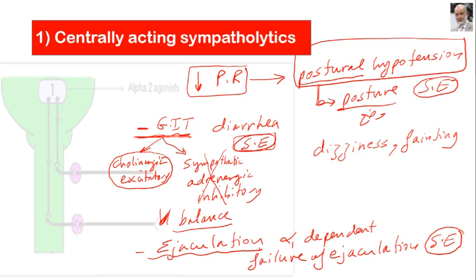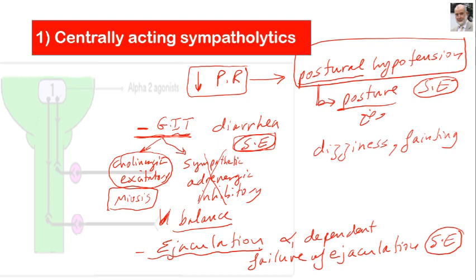Okay, so these are most of the actions as we have seen, and there are other actions on the eye. For example, the same thing, meiosis will take place. Why? Because cholinergic will become predominant, producing meiosis, and so on. So they will affect most organs in the body. They produce many side effects.